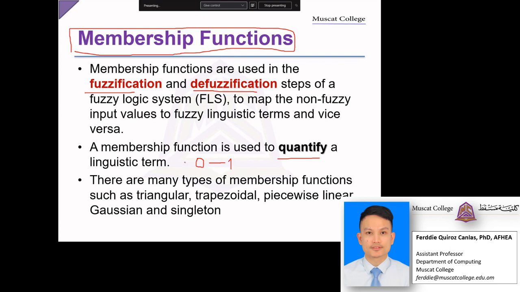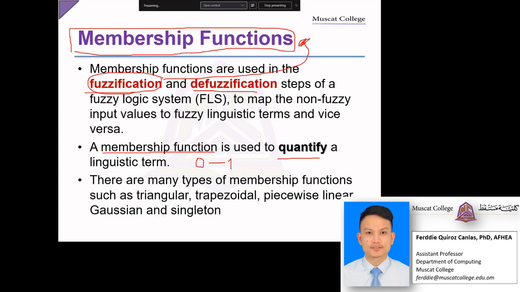So after performing calculation using membership functions, which is actually the process of fuzzification, you have to remember fuzzification requires membership functions to operate. After subjecting your real life or crisp value to fuzzification, the output will be values between 0 and 1. You have to make note of that.